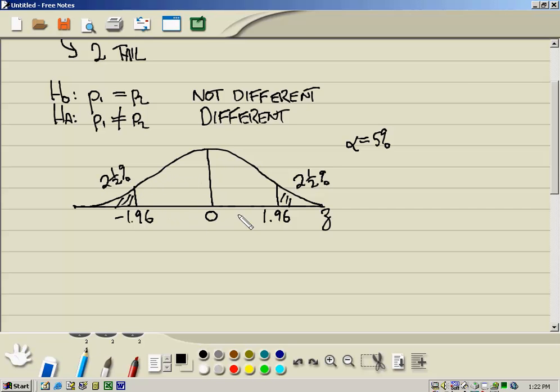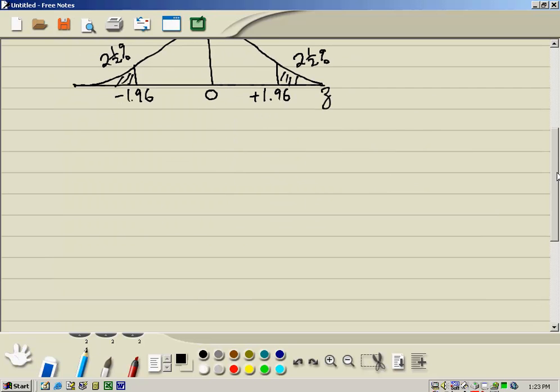If our calculated z-value is between plus and minus 1.96, do not reject the null. It's possible that proportions are not different. We will use the words insignificant, but in any case, we'll see that in a second. If our z-calc is beyond plus or minus 1.96, that is below minus 1.96 or above plus 1.96, it is likely the two proportions are different.